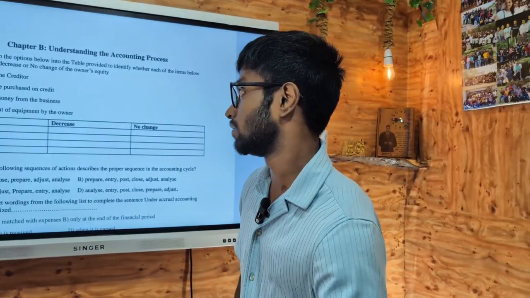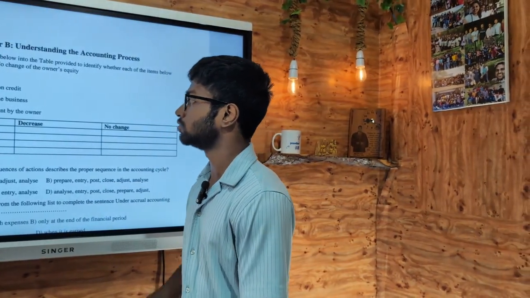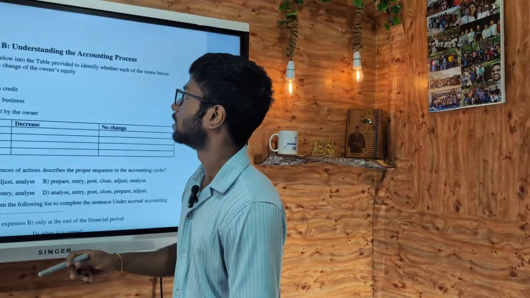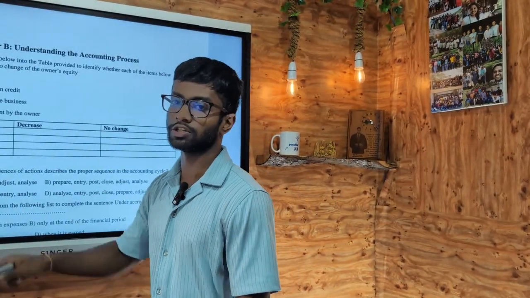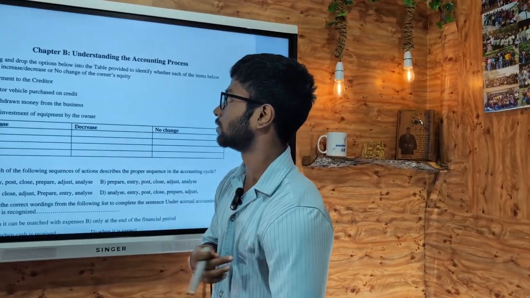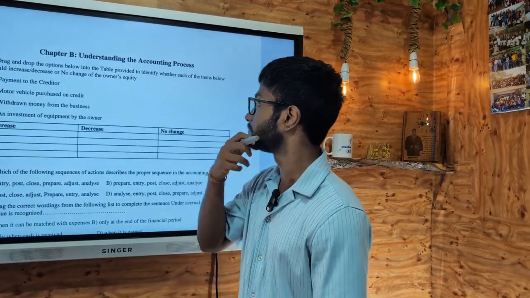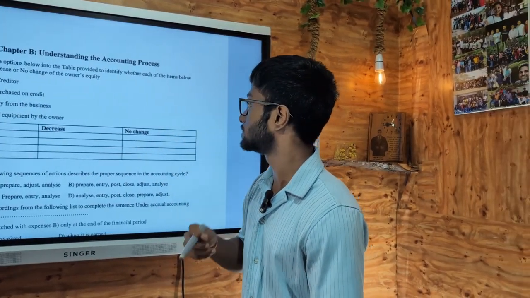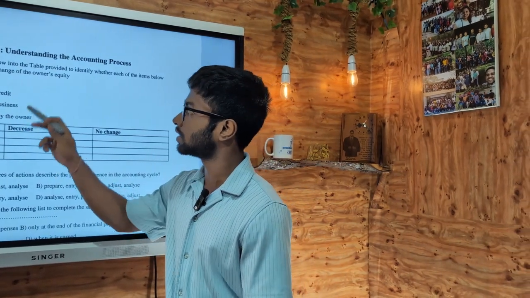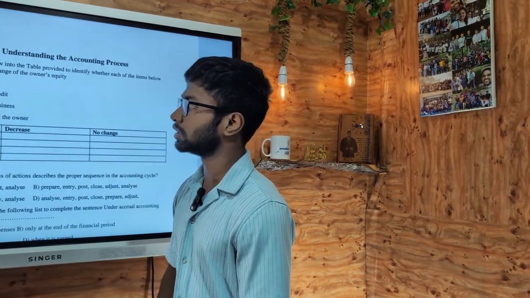So to get started, usually you get questions like this, where you have to drag and drop. If you look at the first one, it says drag and drop the options below in the table provided to identify whether each of these items would increase, decrease, or have no change on owner's equity.